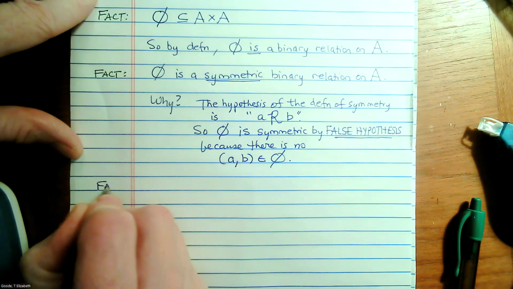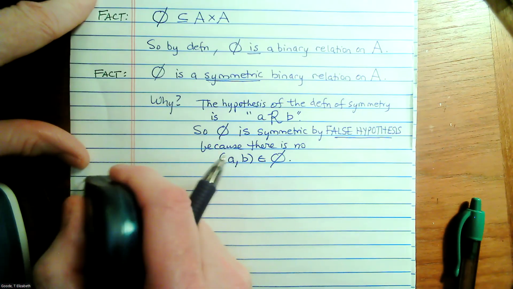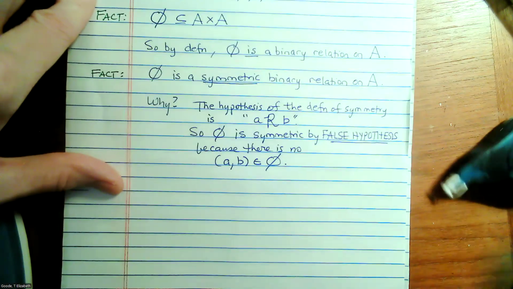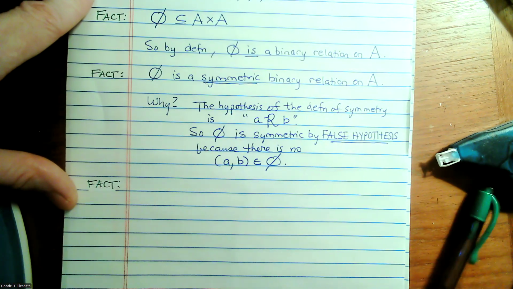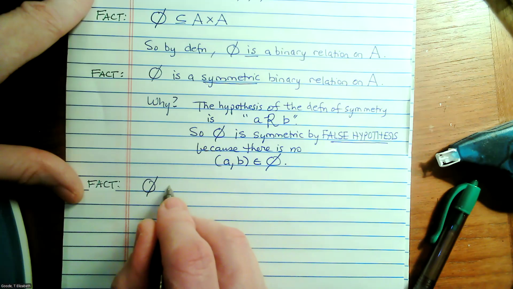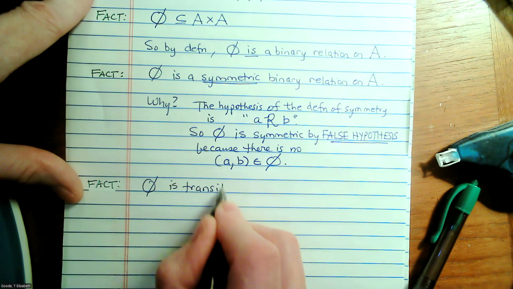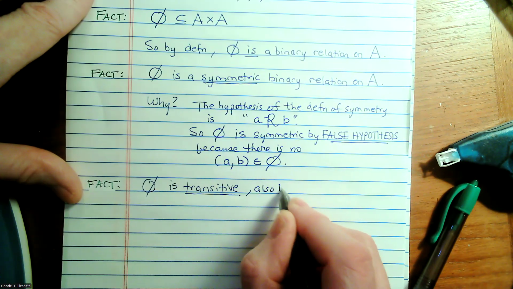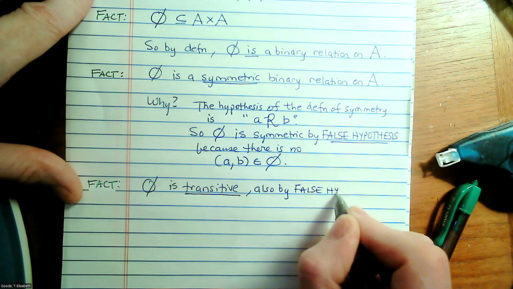So what other property do you think the empty relation is going to have? It's probably going to be transitive by false hypothesis too. Yes, the empty relation is transitive, also by false hypothesis. Isn't that interesting?